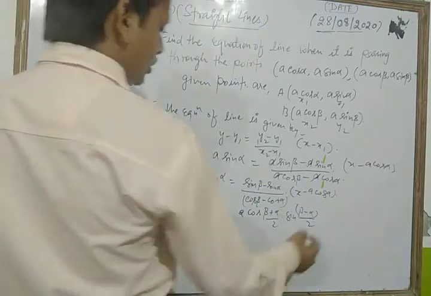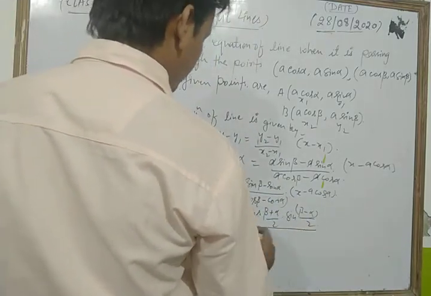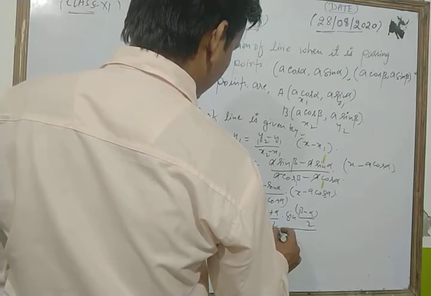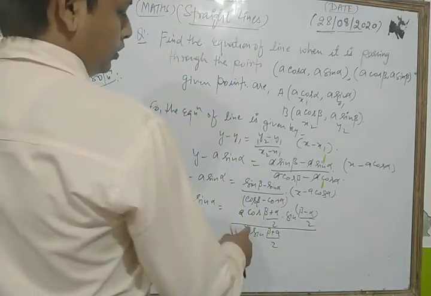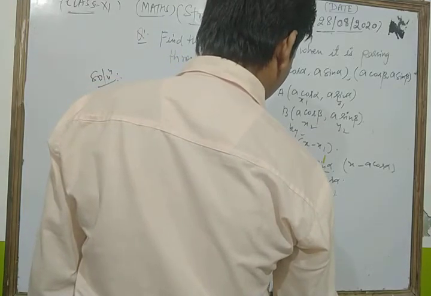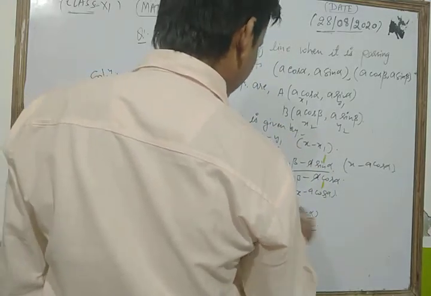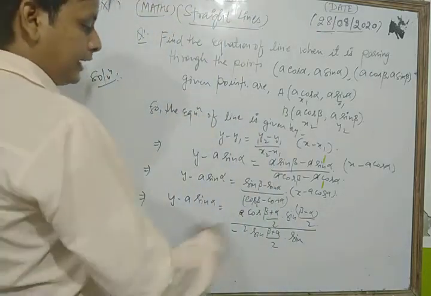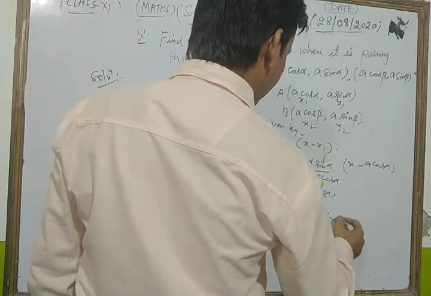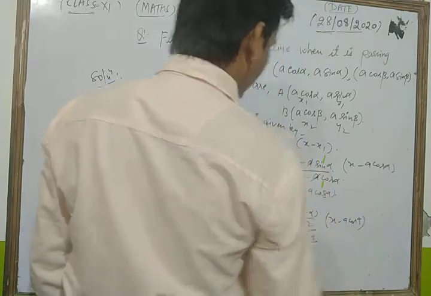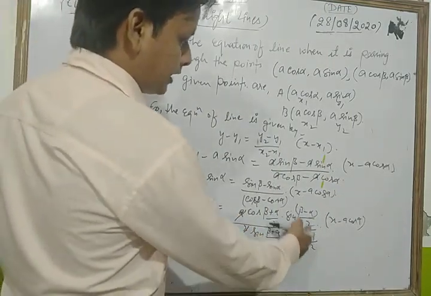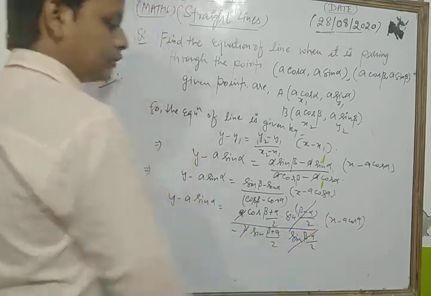We apply this formula here, and for cos c minus cos d, that is minus 2 sin of c plus d by 2 into sin of c minus d by 2, meaning sin of beta minus alpha by 2, and here we write x minus a cos alpha as it is. Now look what I do, dear student, here 2 cancels, and sin of beta minus alpha upon 2 and sin of beta minus alpha upon 2 also cancel each other.